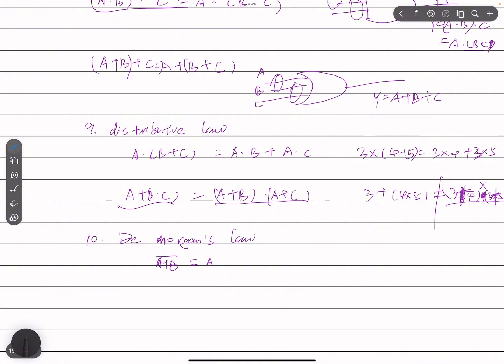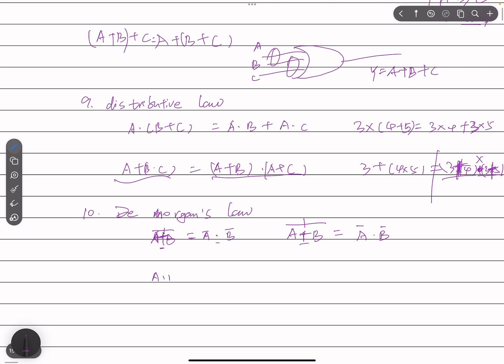If you change the sign, it will be (A plus B) negated equals A negated times B negated. So you change the sign, break the line. So (A plus B) negated equals, change the sign first, then break the line here. That's how we break the line there.